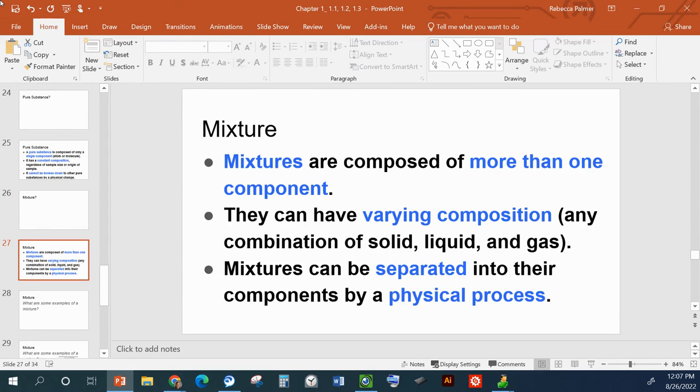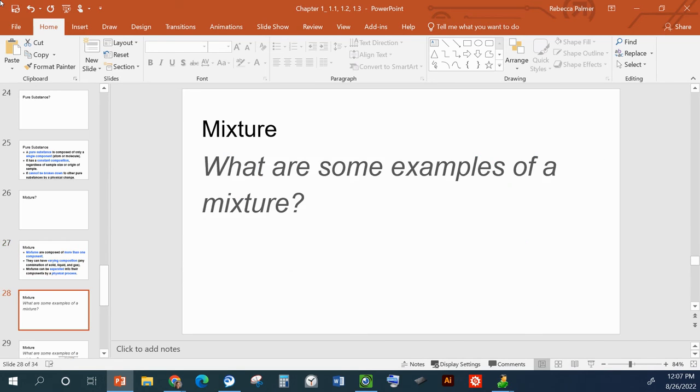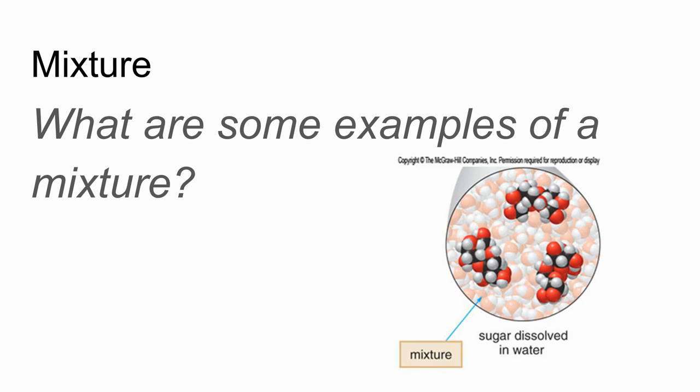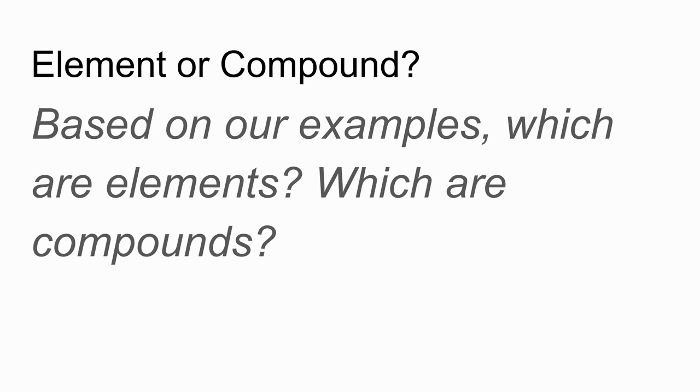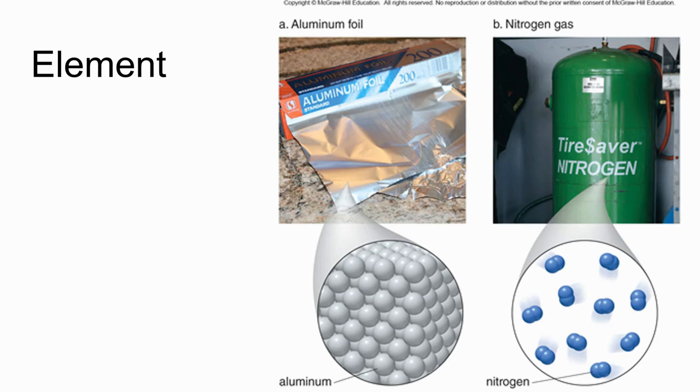A mixture has more than one component. We could sort that. If we could sit and sort the molecules, or if we had some kind of molecular filter, we could sort that. Let's look at an element.